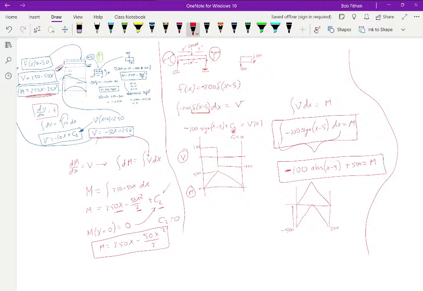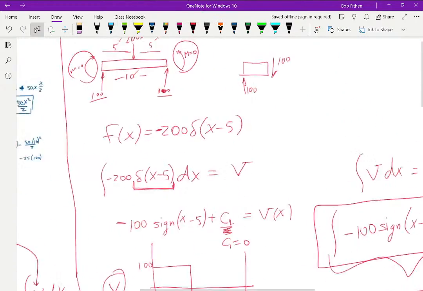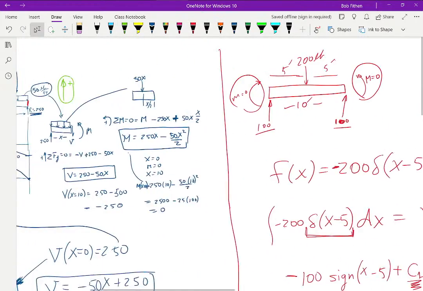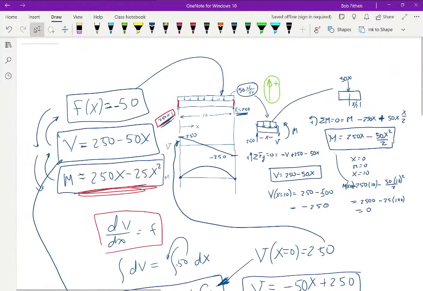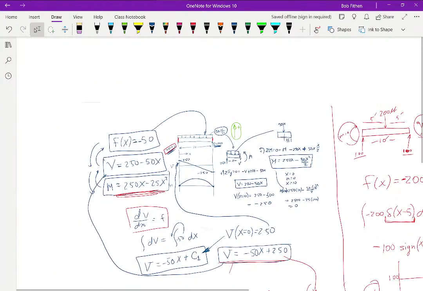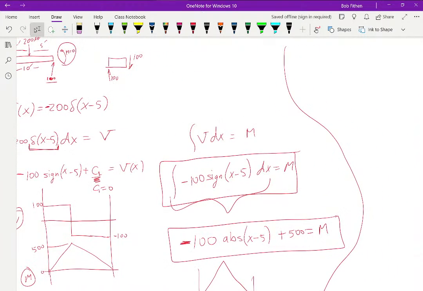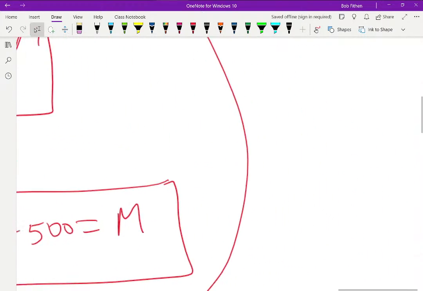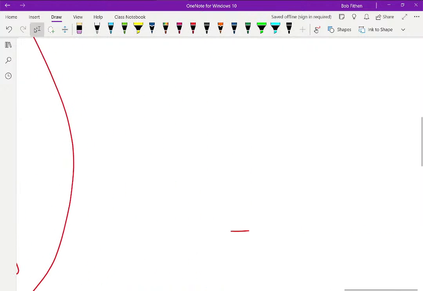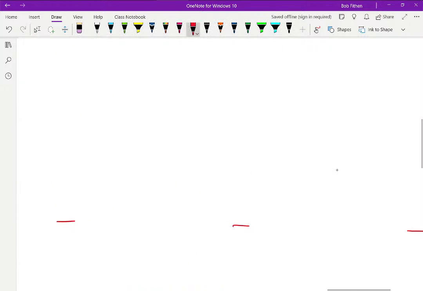Let's do this now. Okay, now there's a principle called superposition in which you can put these together, and I'll do that in a second, but before I do that, I want to basically get out here. What I'm doing is making these marks.